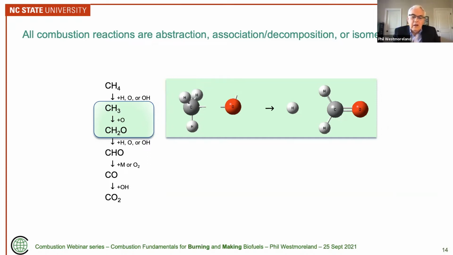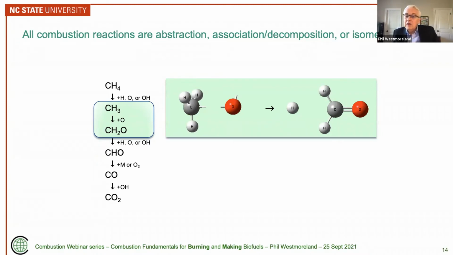And then Van Tiggelen and colleagues showed with molecular beam mass spec that no, it's methyl plus O, and it makes H plus formaldehyde. That was an empirical observation, but it was very striking and very persuasive. Through a different lens, we could look at that and say there's no way you can look at that as an abstraction.